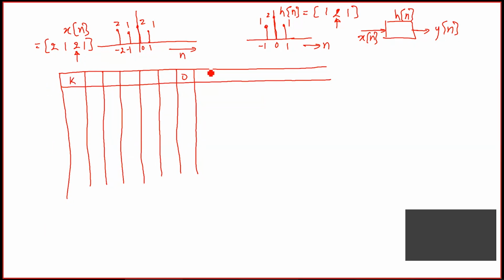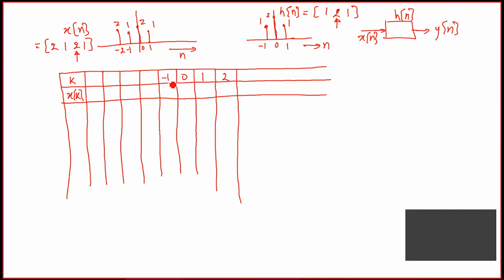So values of k, 1, 2, and we can keep going on, and values for x of k. If you see, x of k values are having indexing at -1, -2 also. This is 2, 1, 2, 1.